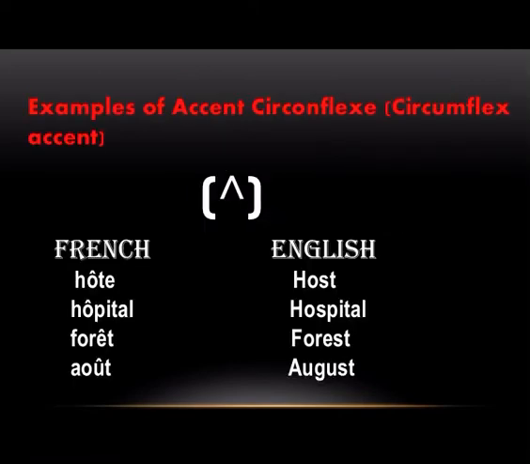Here are some examples of circumflex accent. Hôte, hôpital, forêt, août. Hôte means host, hôpital means hospital, forêt means forest, août means August. Hôte, hôpital, forêt, août.